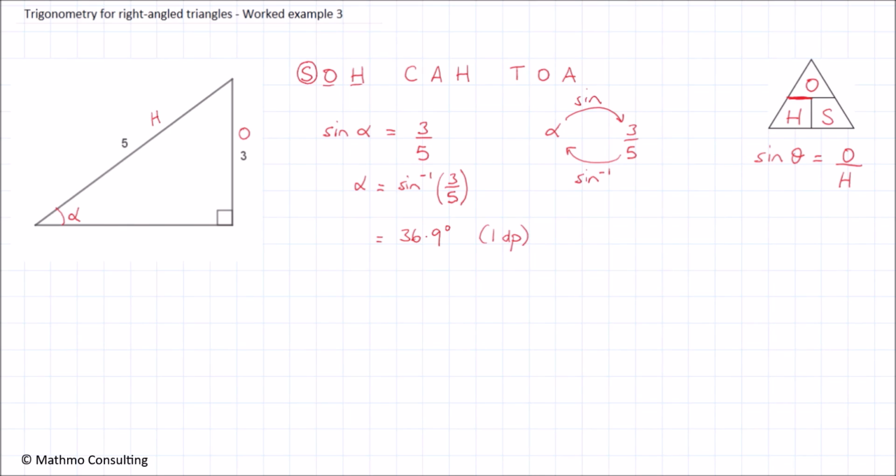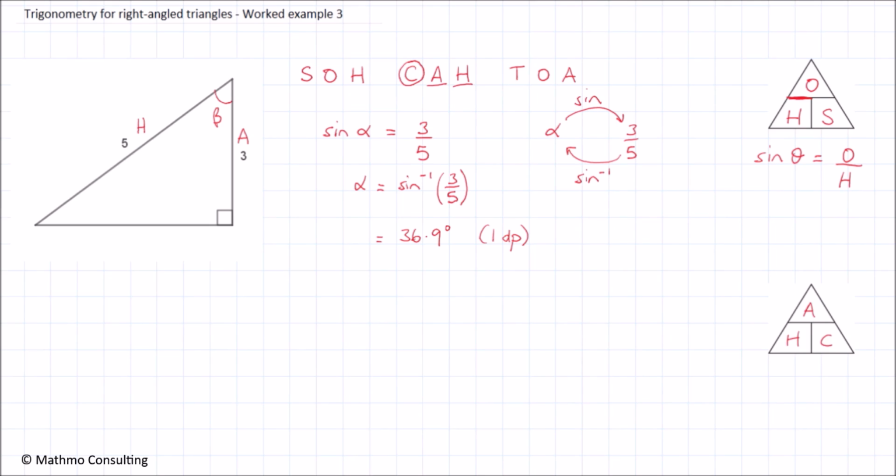On the other hand, if we were looking for this angle up here, which I will call beta, then the two sides that are in play are the adjacent side and the hypotenuse. So again, let's set up a helper triangle and fill it in from right to left.